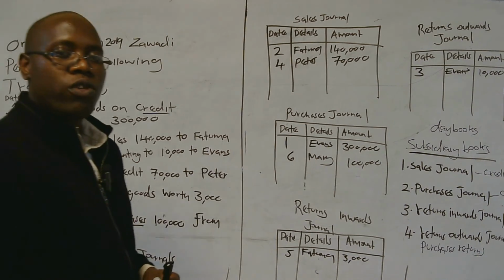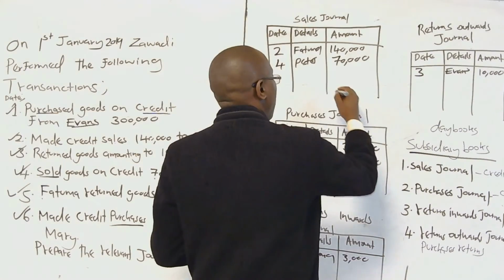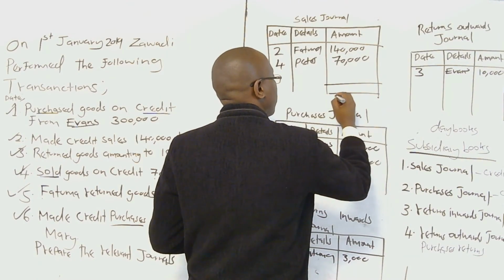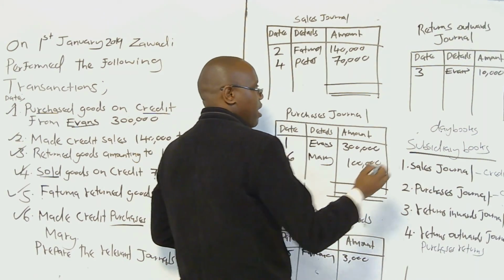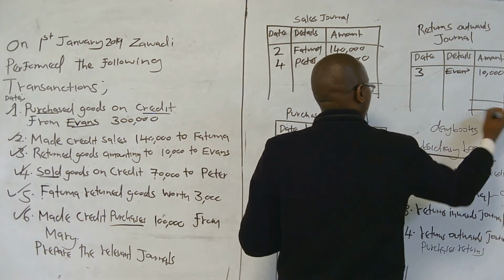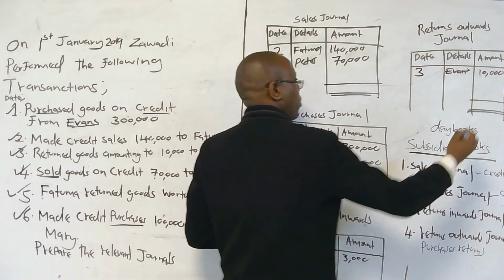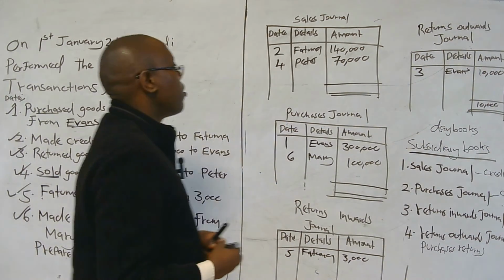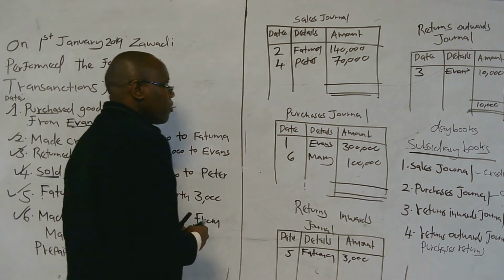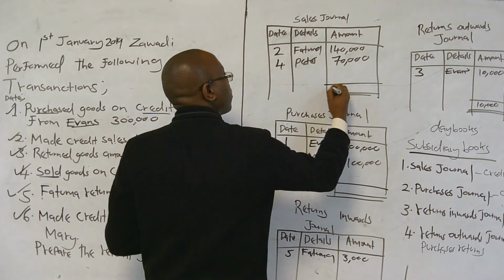So the other thing that we just do is summing them up. So you put some equals there, and then you add them up. Like now this one will be 10,000, so you add them in that particular manner. And this one will be 10,000.